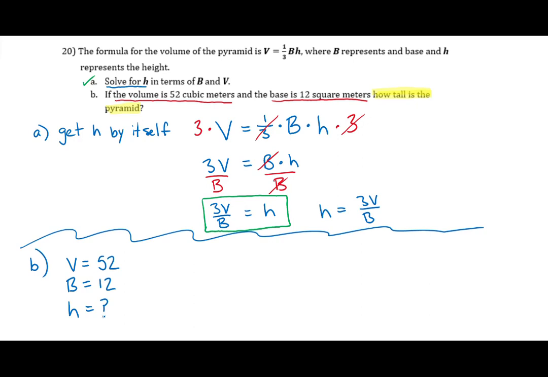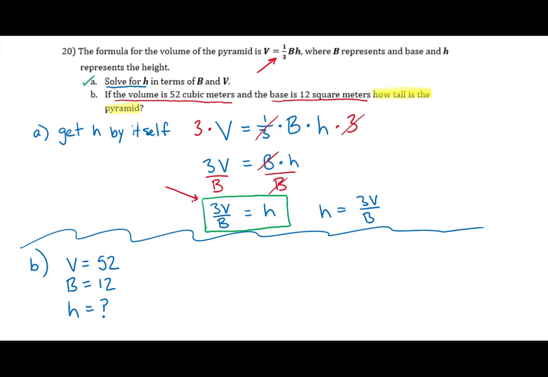So we're going to plug in 52 for V, and we'll plug in a 12 for B into our formula. Now the question is, we have two formulas. We have the one we started with, and then we have our answer for part A. It doesn't matter which one we use. They're both going to give us the right answer. But one of them is easier than the other.